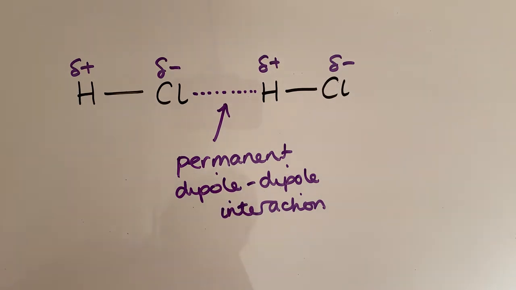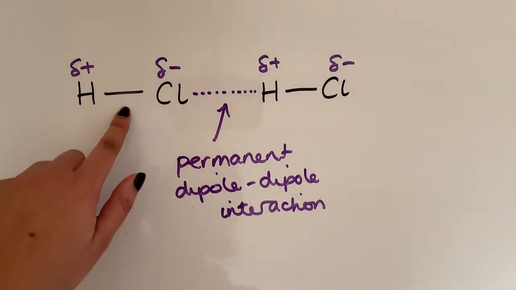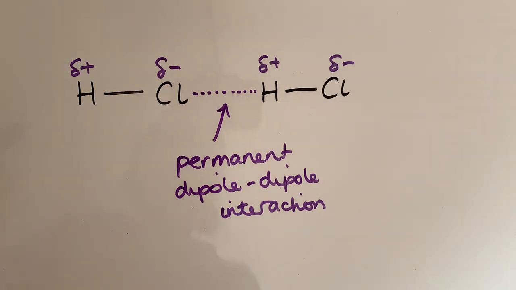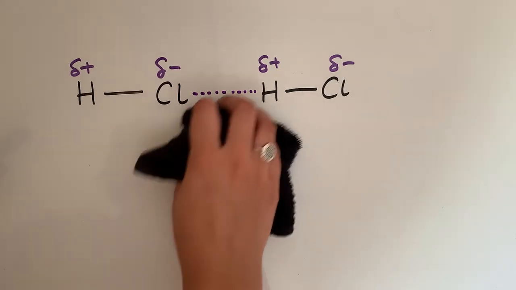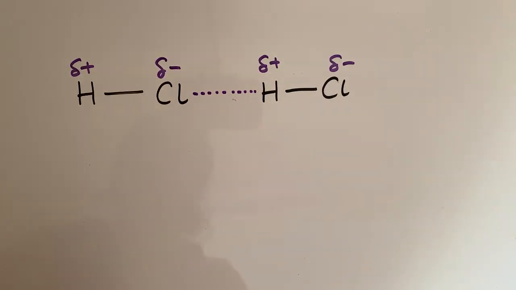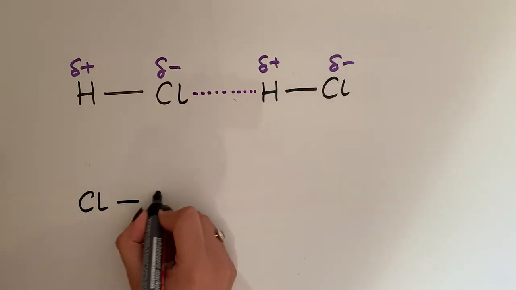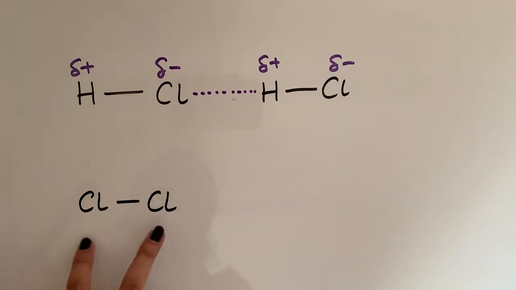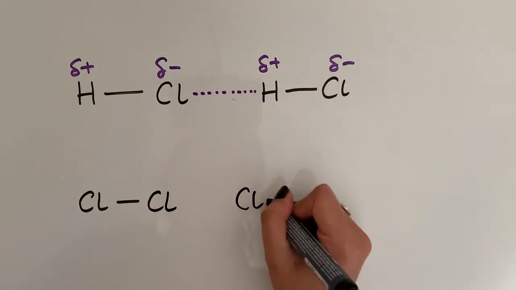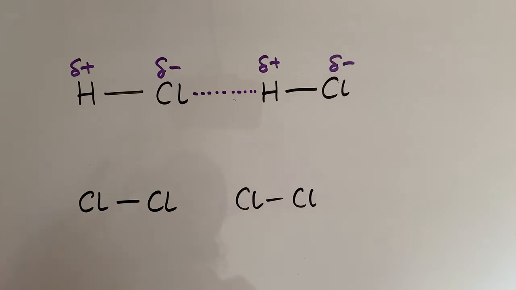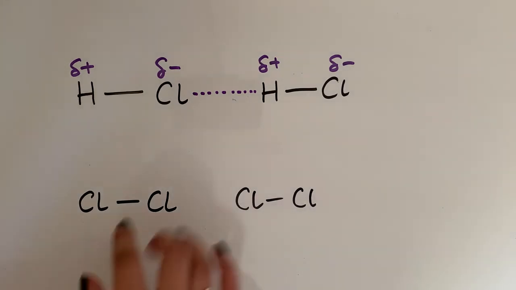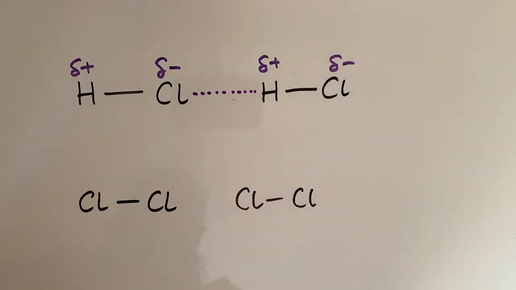Whereas if you have a non-polar molecule, so these are polar molecules here, if you have a non-polar molecule, for example a chlorine molecule, because they have the same atom, this bond here isn't polarized, so this is non-polar. So between chlorine molecules, you are going to have London forces only, whereas when you have polar molecules, you are going to have London forces and permanent dipole-dipole interactions.